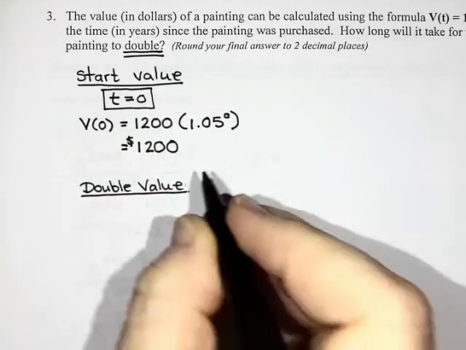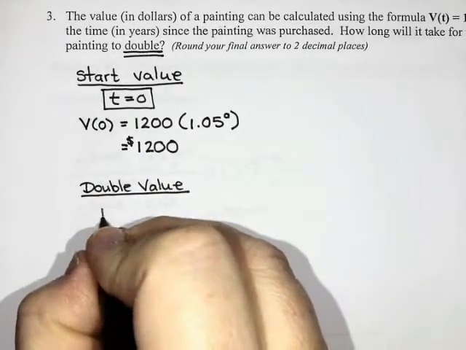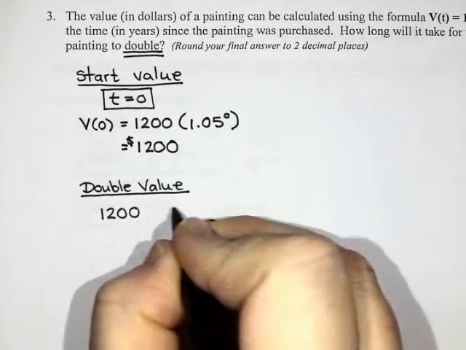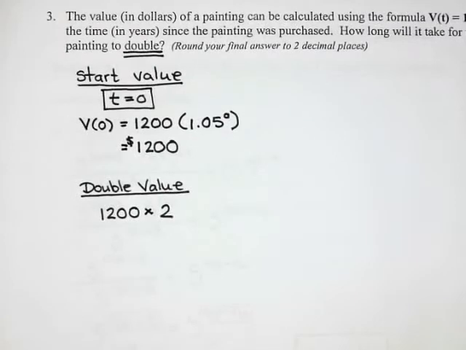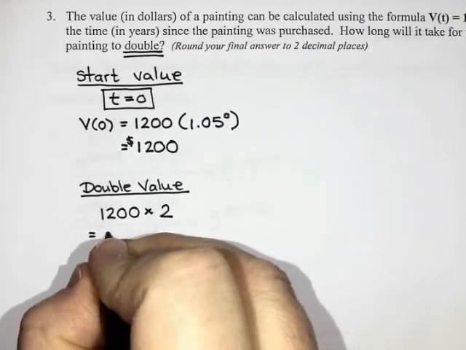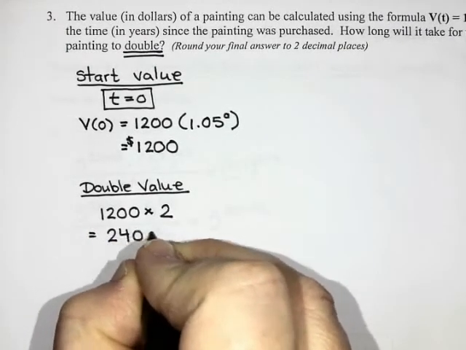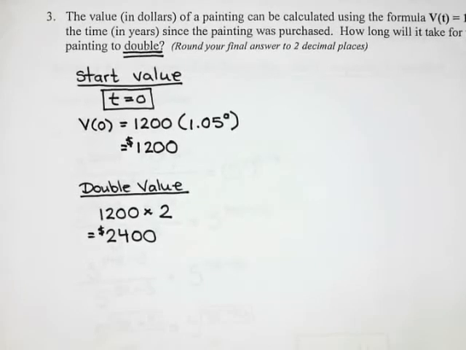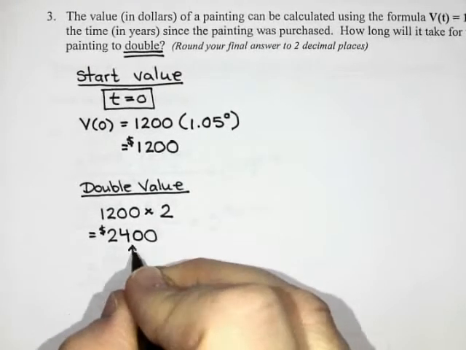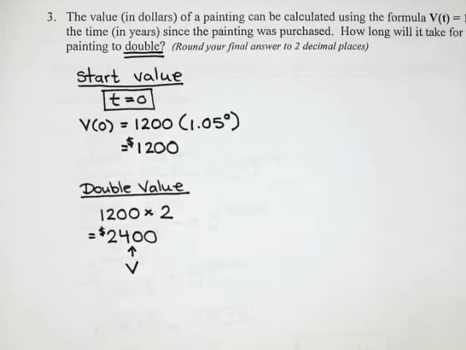So right now, they bought the painting for $1,200. And it is now worth double. Double means times 2. So we want to know, when is it worth $2,400? So what I'm going to do is put this in for V, for my value.